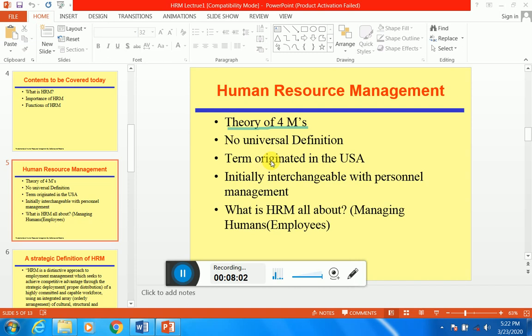It simply means that management philosophers work in different cultures and different contexts, and in whichever context they are working, they explain the human resource management phenomenon according to that context.